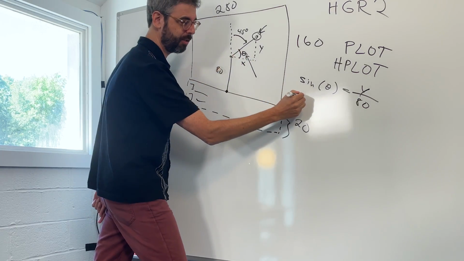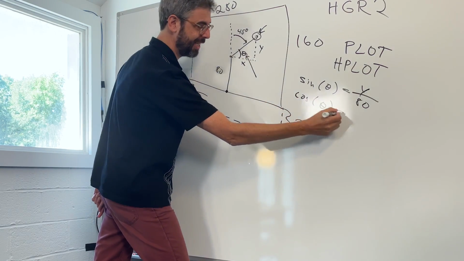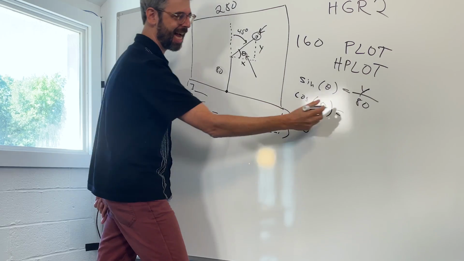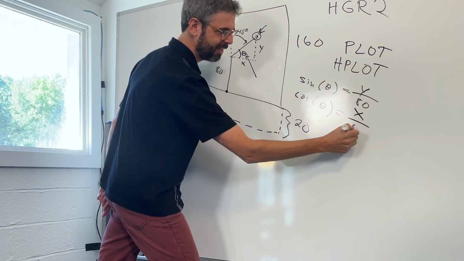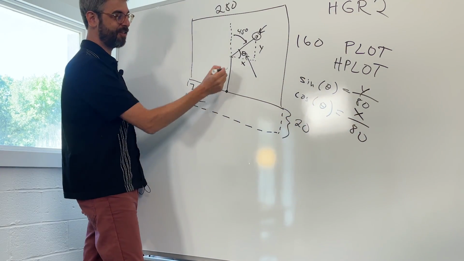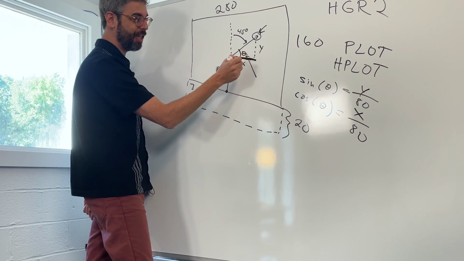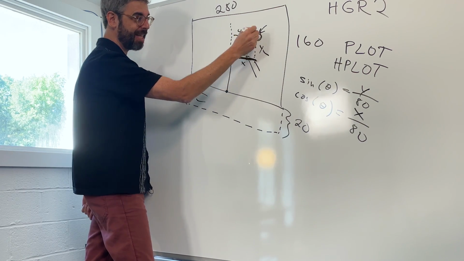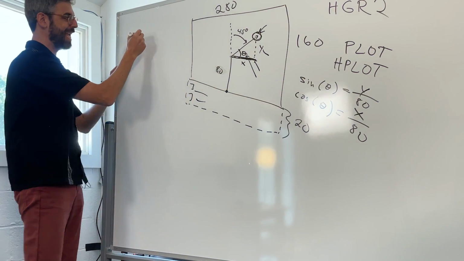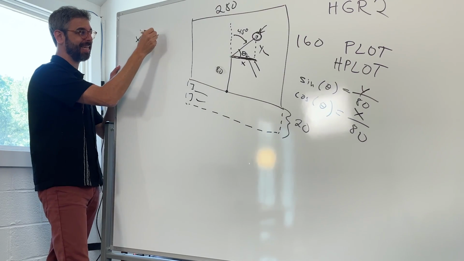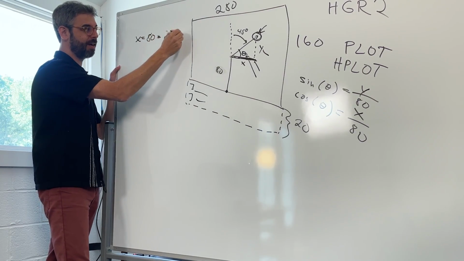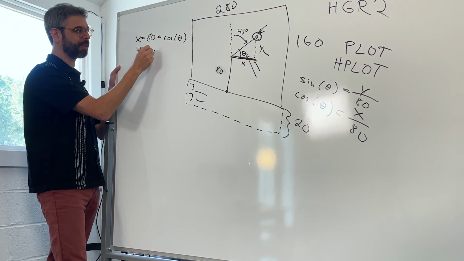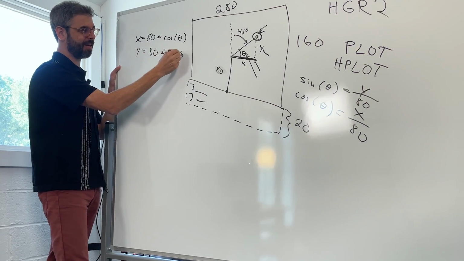Cosine of this angle is the adjacent side, x, divided by 80. And so I can get these offsets to find this point by saying x equals 80 times cosine of that angle, y equals 80 times sine of that angle.